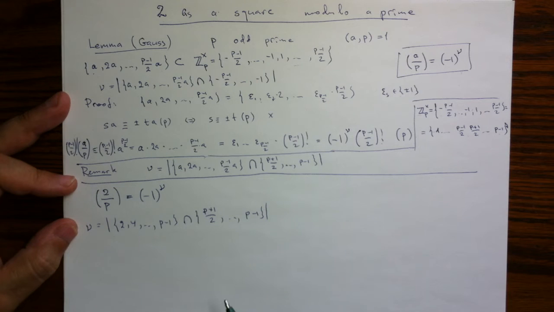And yeah, we could basically see which numbers in this set are even and count them, and that will be it. Well, that number is even, p is odd, and then the one 2 steps before is even, and so on. So we just need to see how many steps of 2 fit in this set. And again, the length of the set, well, we're counting from the end of it, but the total length is p minus 1 half, so it doesn't matter which way we count.